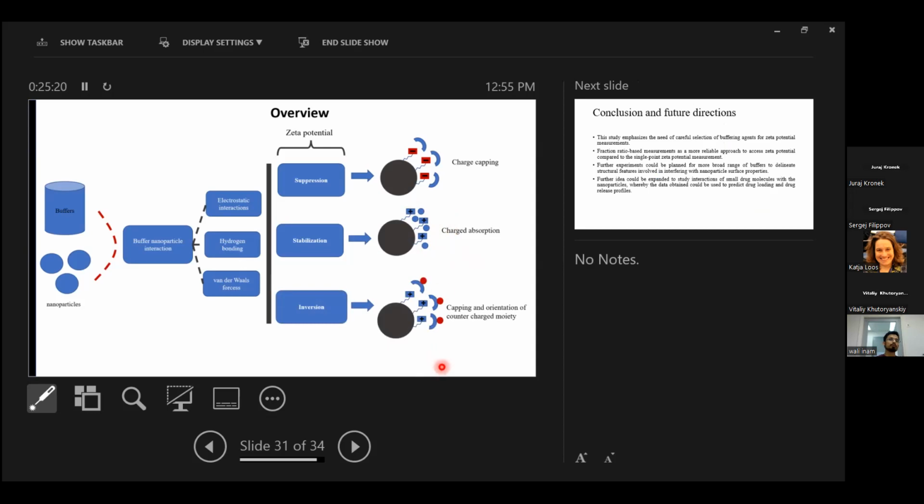And then inversion, which means that when particles and buffers interact, they orient in a way that expresses the negatively charged groups, hydroxyl or carboxyl groups, on top. Because of the particular orientation of the buffers, they also cap, but also alter or invert the zeta potential of the particles.